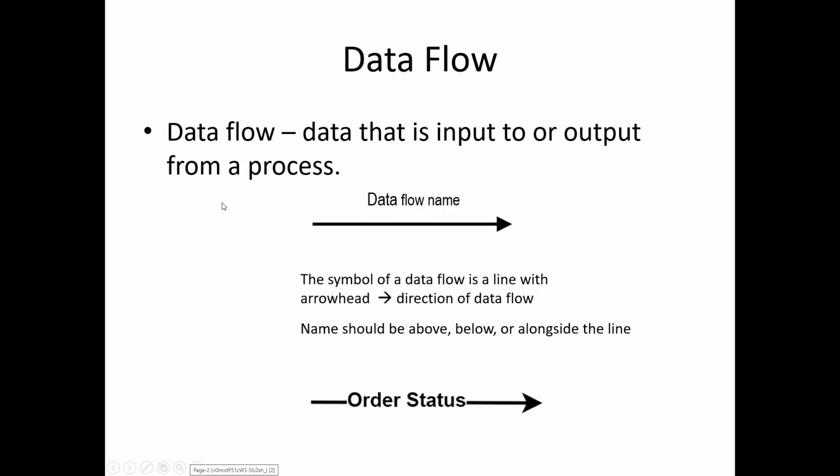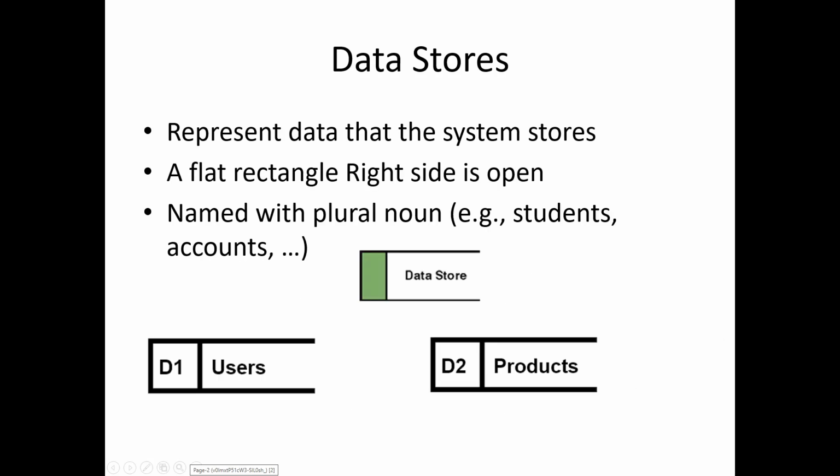Right? This is the sender of the data, and this would be the receiver of the data. And also, we need to put down the name of the data. So this name could be either above the line, or below the line, or alongside the line.